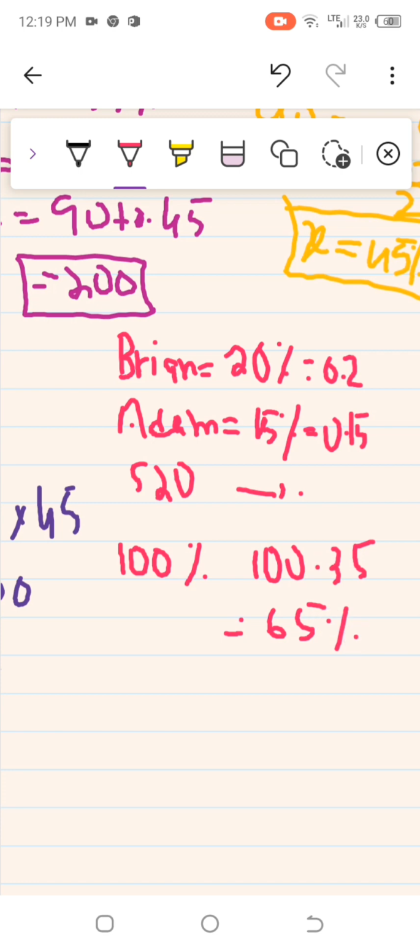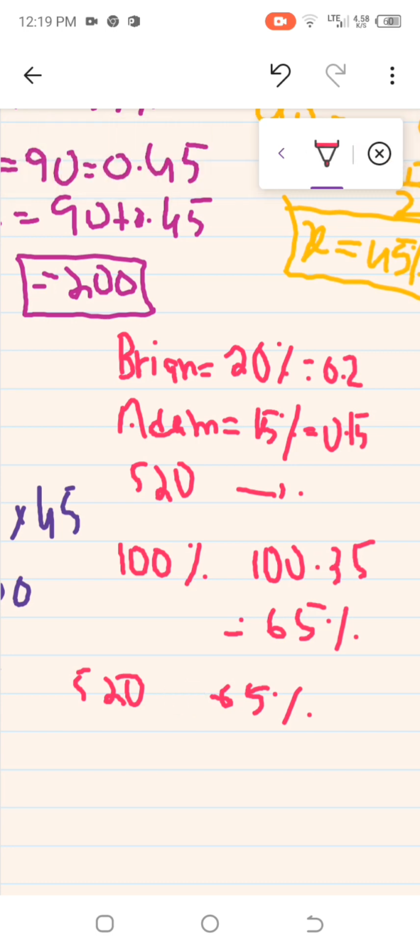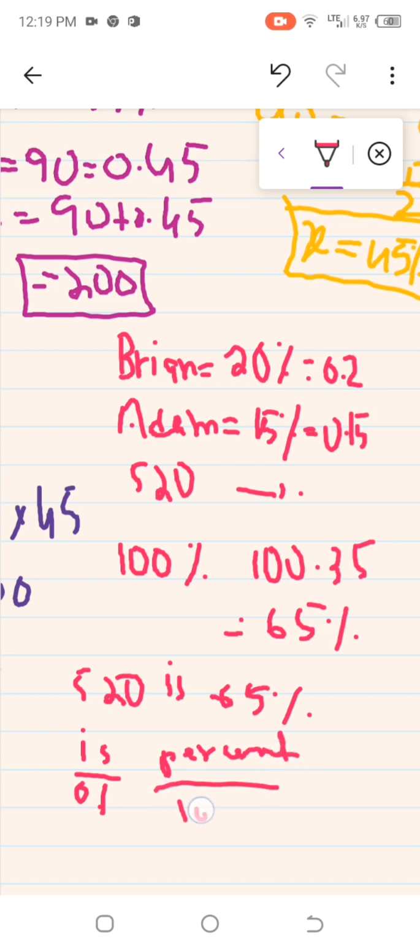So then 520 is 65% of what number? Okay, so 520 is 65% of what number? So just do it with this method, the method which I told you, of percentage and 100.